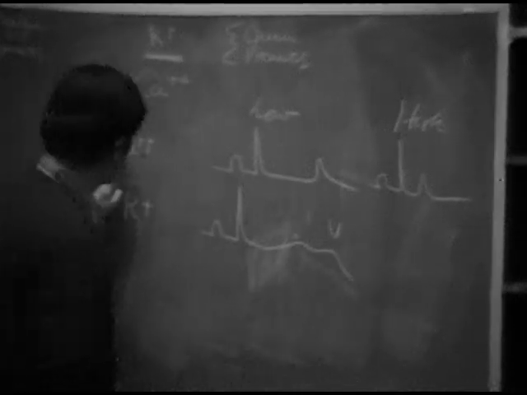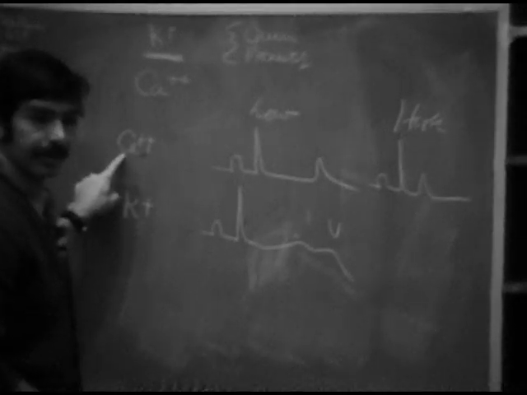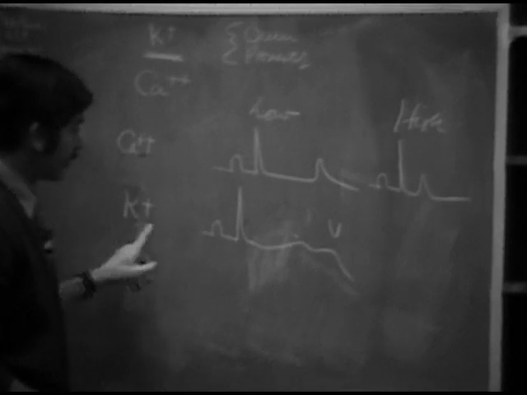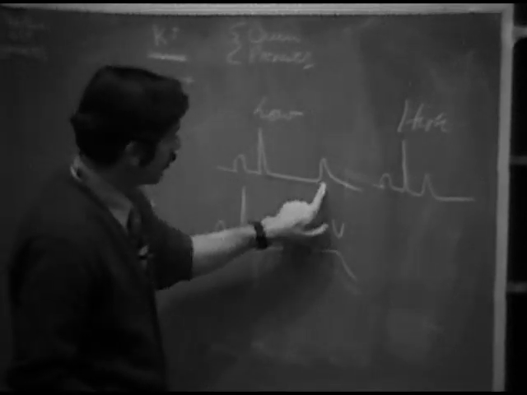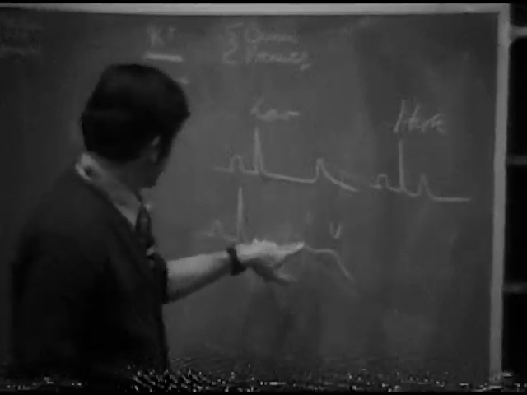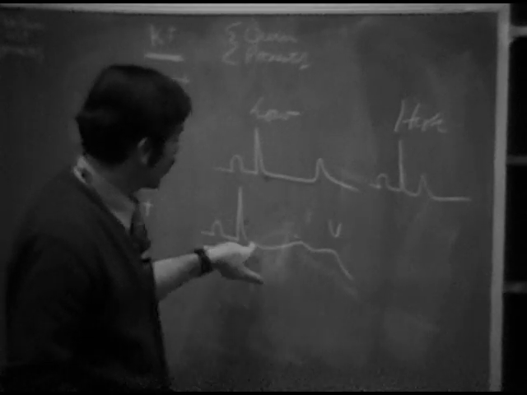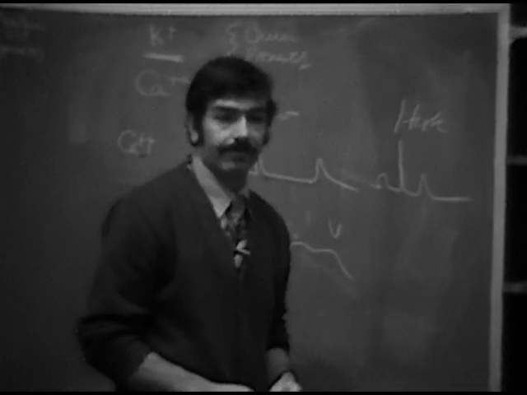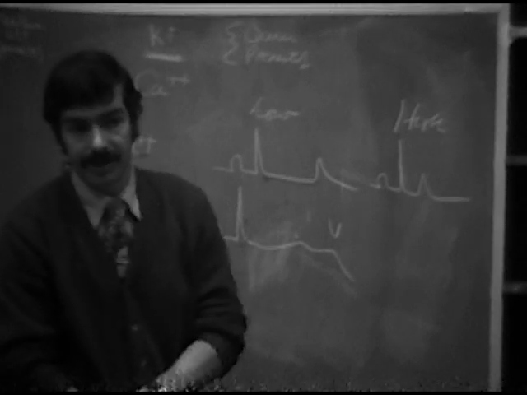So the QT interval is prolonged in both hypocalcemia and hypokalemia. But the difference is that in low calcium, you get a prolongation of the ST segment, whereas in hypokalemia, you get a prolongation of the TU wave. It's the TU wave which is prolonged in hypokalemia.